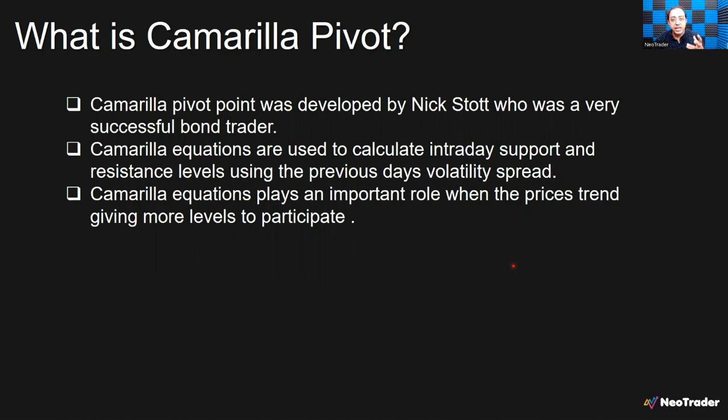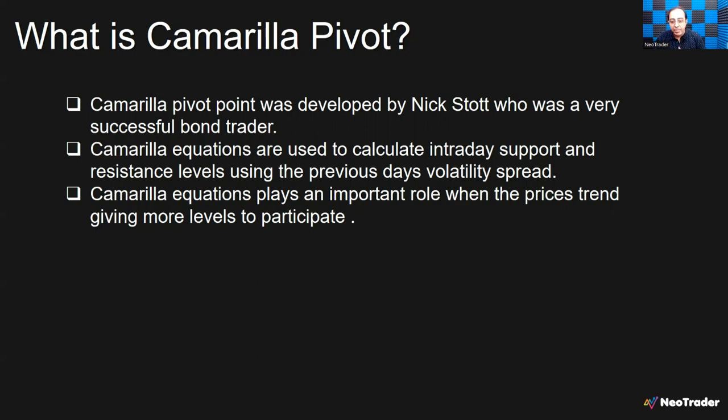And that's how the Camarilla pivot came about. It gave a very good idea of market participation, especially when there is a good trend in place. Whenever there is a good trend in any particular security, you will always have a very good level from Camarilla.